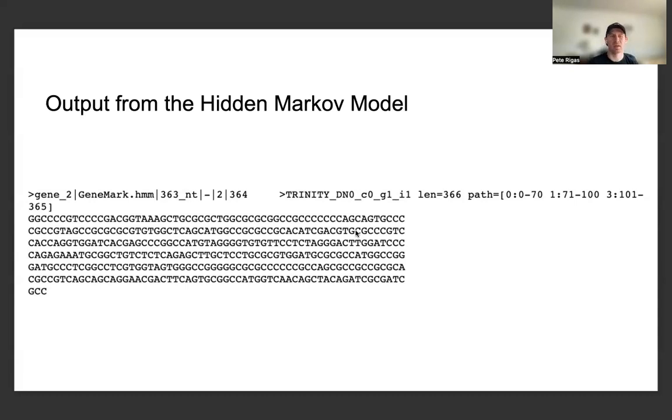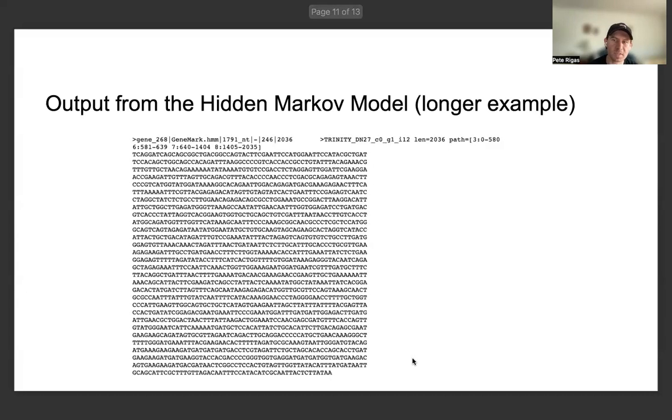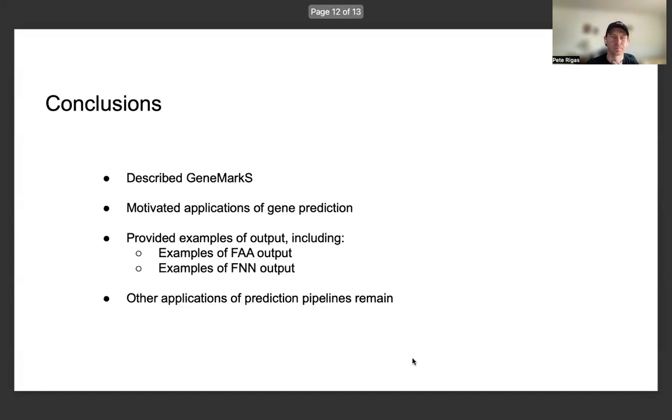One can see that this is a pretty typical sequence length that's predicted from all of the genes that are given in the FAA or in the FNN output file formats. And as a longer example, the output from the hidden Markov model can also generate some longer, more complicated genetic sequences.